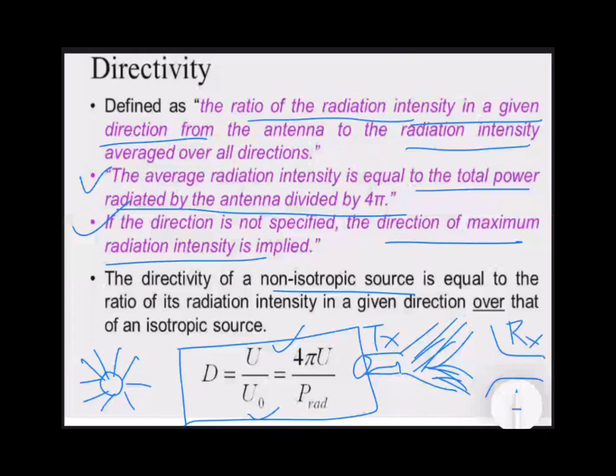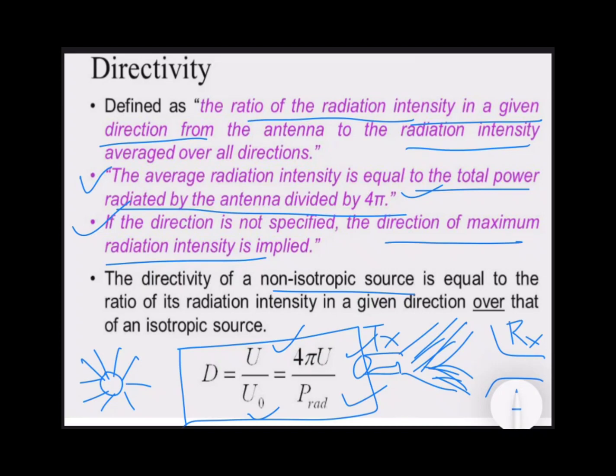And by the second equation, directivity is equal to 4 pi into U divided by the total power available in all the directions, which is the power radiated. So we can derive the value of directivity by means of either equation.